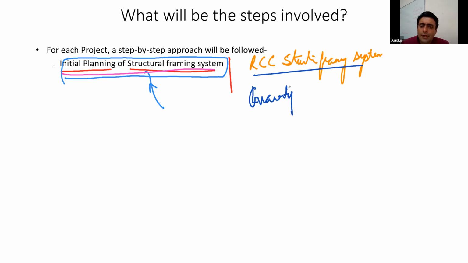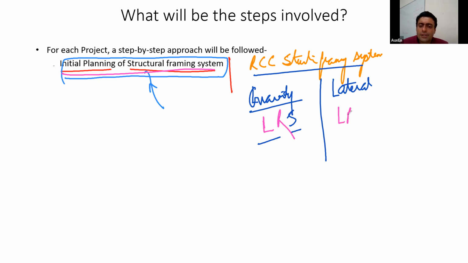One can be the gravity load resisting structural system, and the other, lateral load resisting system.